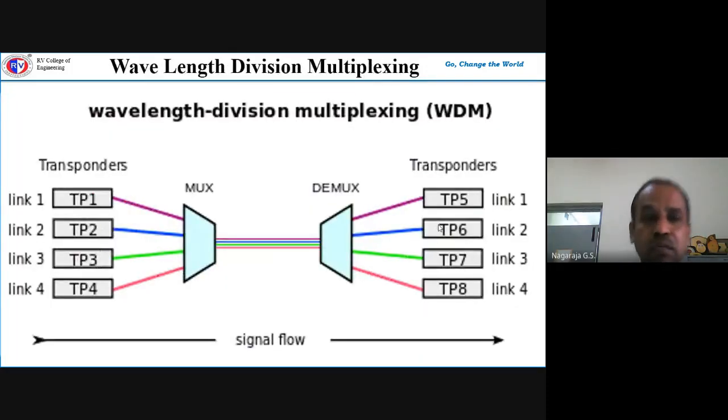Yeah, this is another scenario to talk about. There is a wavelength division multiplexing similar to the previous one, right?